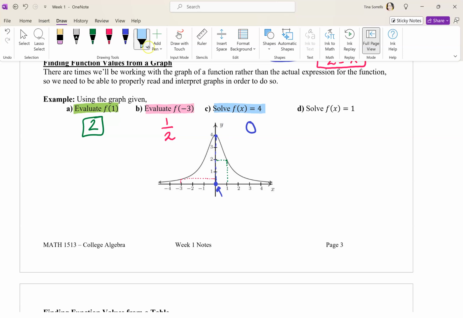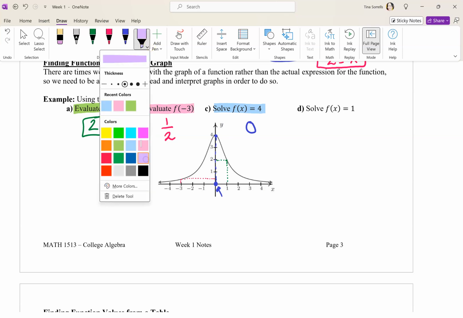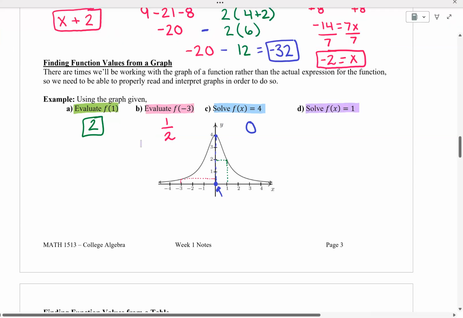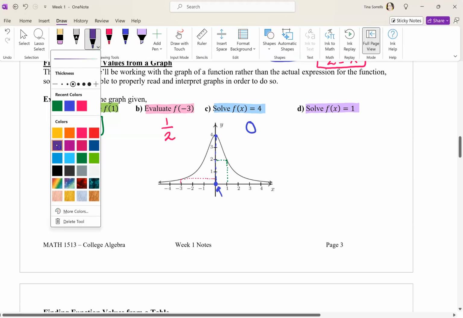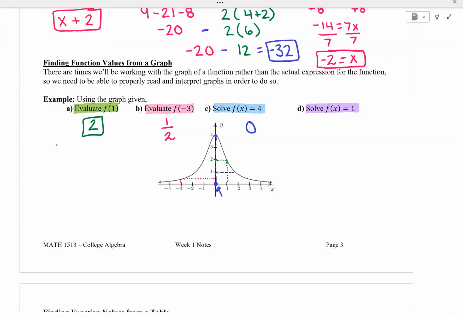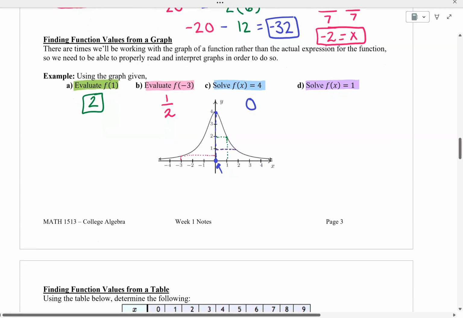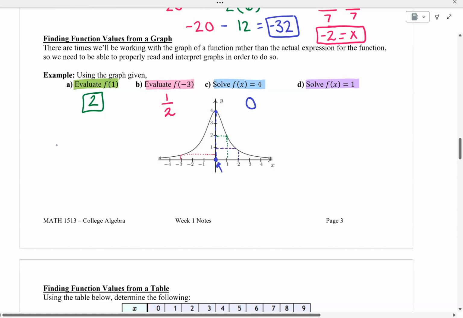Let's see what other color I can get. We can try purple. Okay. Now this one is saying 1. So let's look. Here's 1. Well, let's see. Could it be a 2? Yeah, looks like it's a 2.